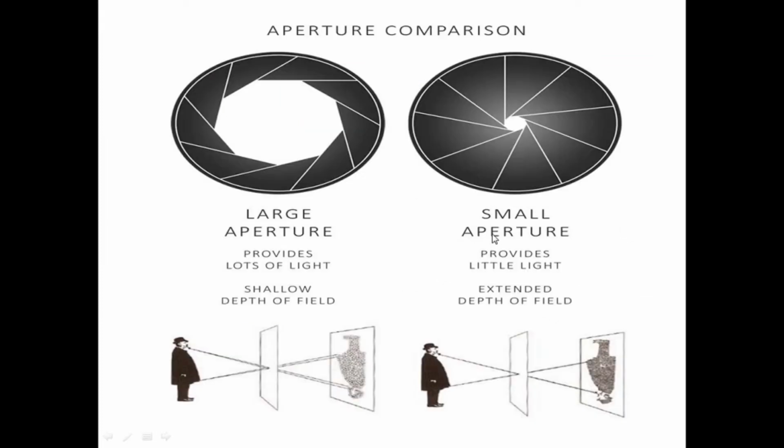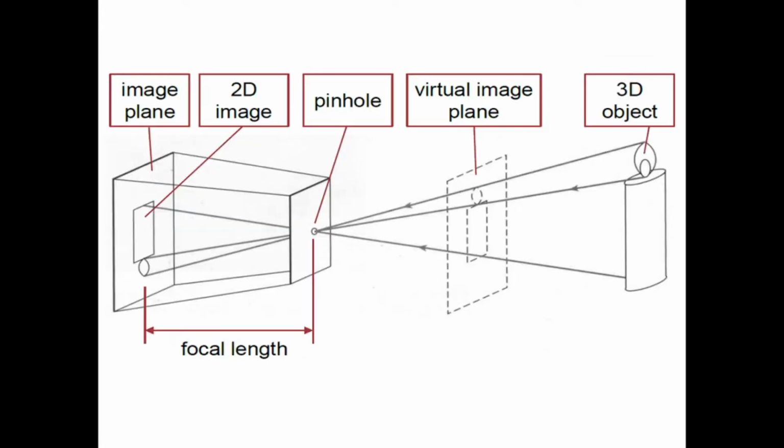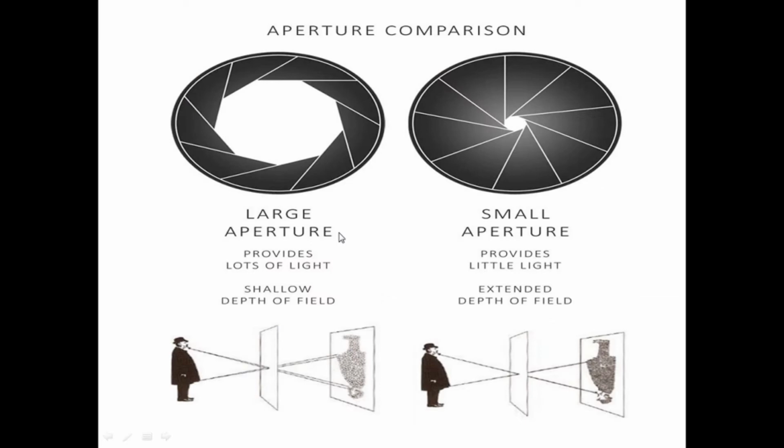I have said that this is my pinhole, and this pinhole is nothing but the aperture of your camera. In the aperture comparison, this is the diaphragm of the camera. The amount of light that falls on the retina determines the size of the pupil.